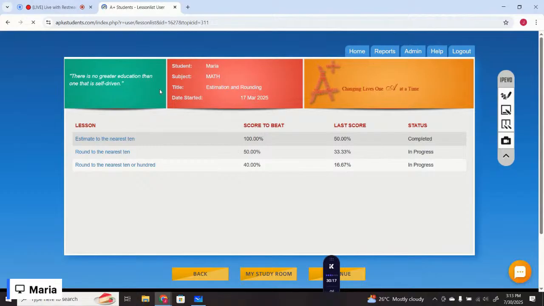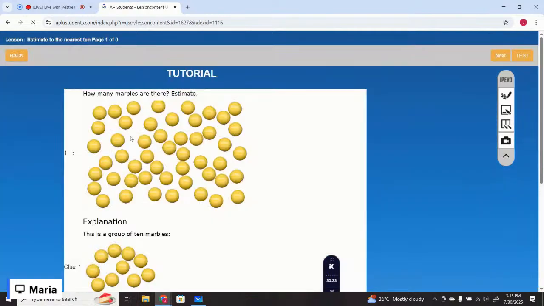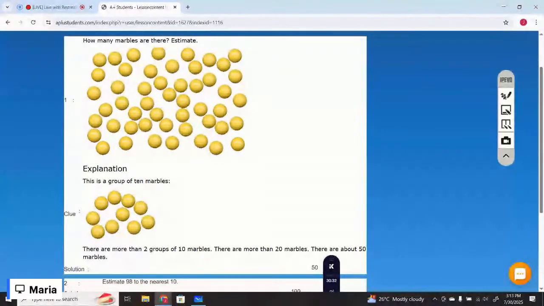Okay, so let's start with the lesson, estimate to nearest 10. How many marbles are there? There are more than two groups of 10 marbles, so there are more than 20 marbles.